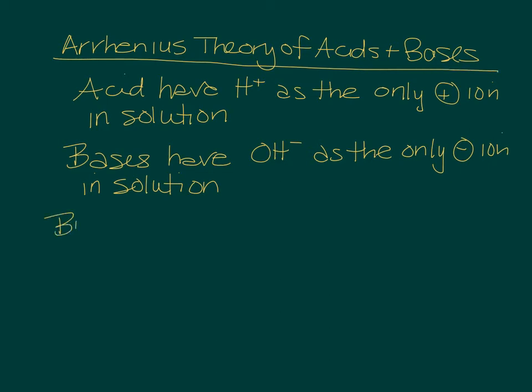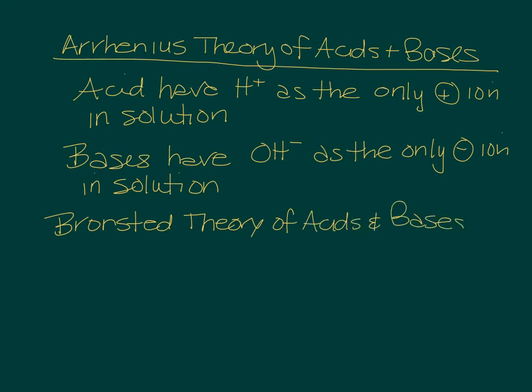Then we have what's called the Bronsted theory of acids and bases. Again, for the guy that discovered it. And on the reagents, it's never referred to by his name. It used to be. For the Arrhenius, it'll say, according to the Arrhenius theory, which one of the following is an Arrhenius acid? And you pick the one that has H plus.